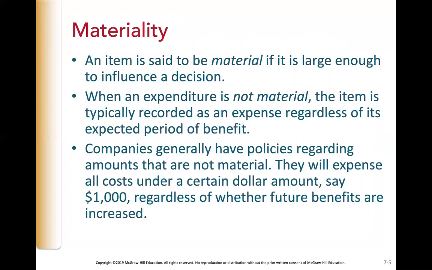The company would not record that $25 trash can as an asset, even though it's going to last 10, 15 years. It's not material. It doesn't affect a person's decision about the company. So that trash can was probably recorded as an expense when it was purchased.